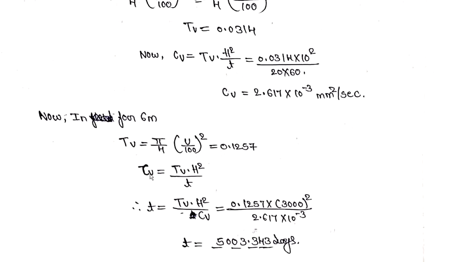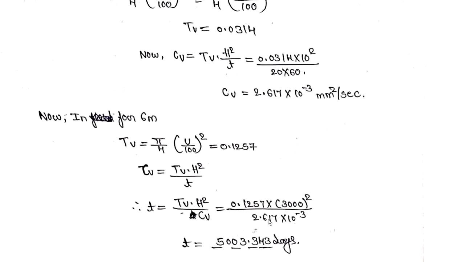Next, I have to find CV, and CV will remain the same for a particular type of soil, so I know the value of CV. I am rearranging this formula so that T is equal to TV into H square divided by CV.